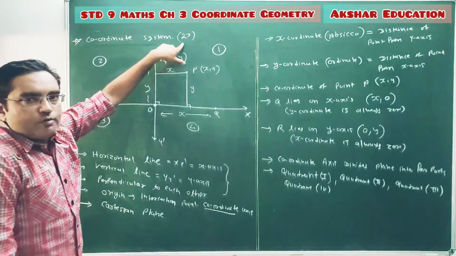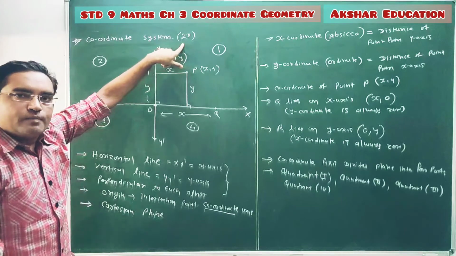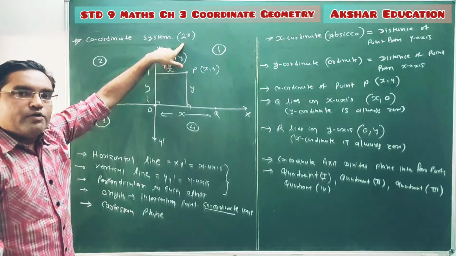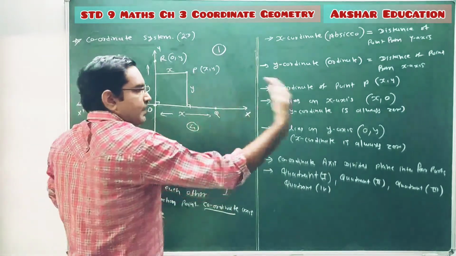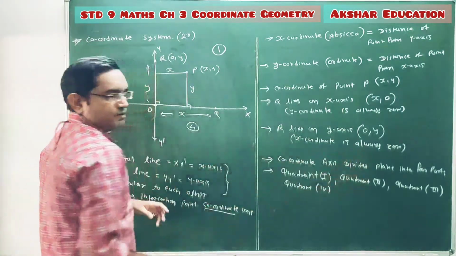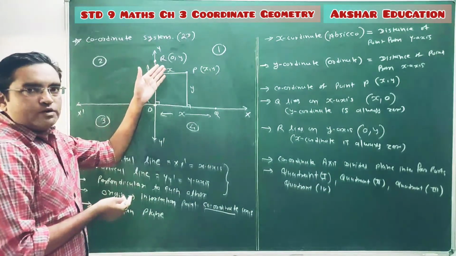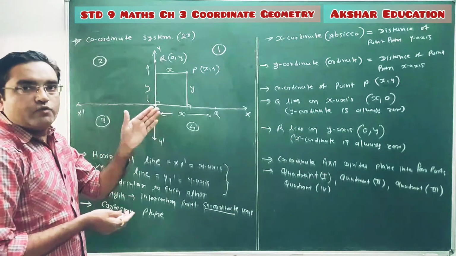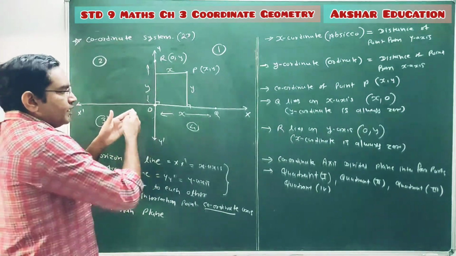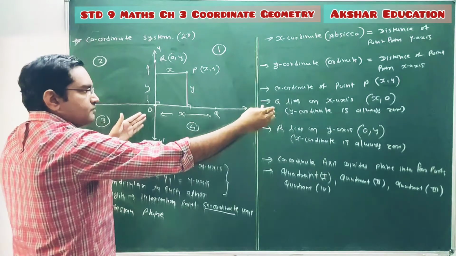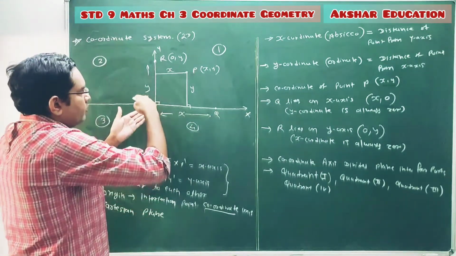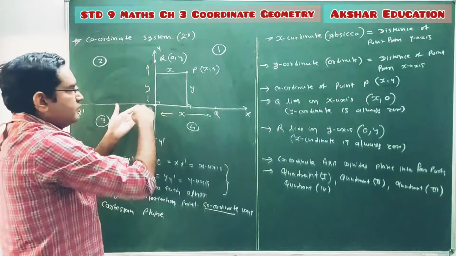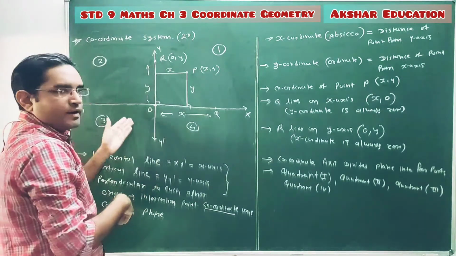For a 1-dimensional geometric system, we are using only a number line, and for a number line we have only 2 directions, either the left direction or the right direction. But in the case of a 2-dimensional geometrical system, we have 4 directions. Either you can go in the positive x direction, the negative x direction, the positive y direction, or the negative y direction.